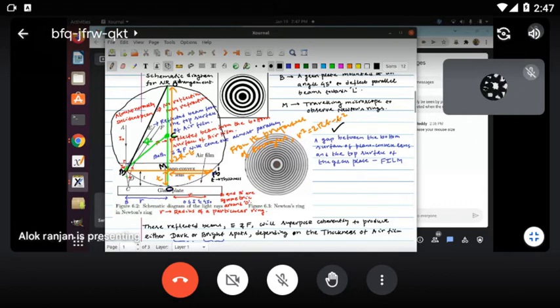So those who have asked this question, did you understand how to do it? Yes, sir. You use the property of the triangle, right? And then you must have this relation.